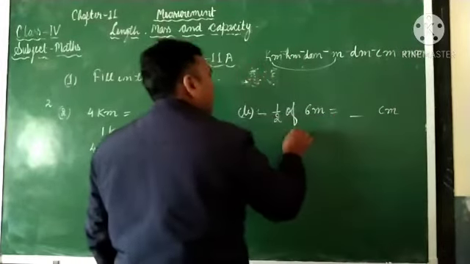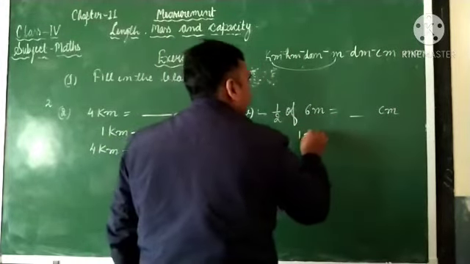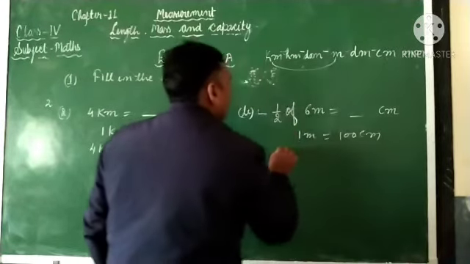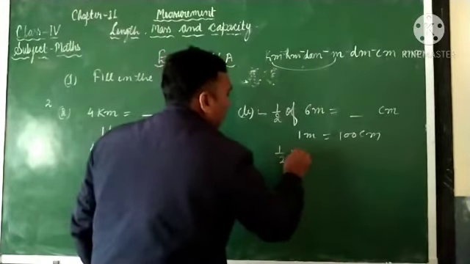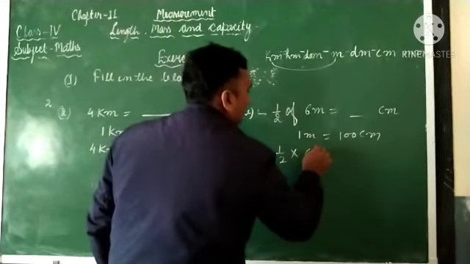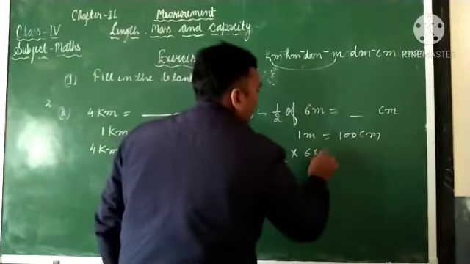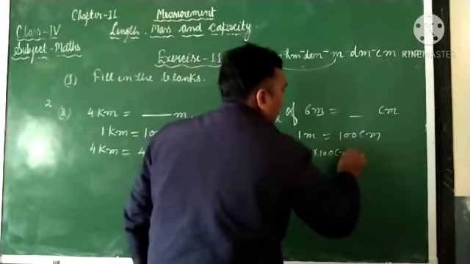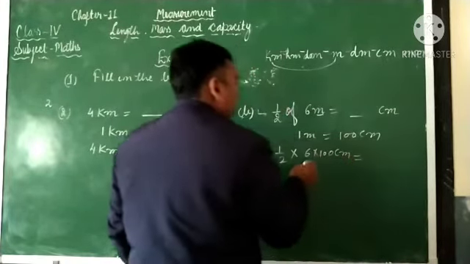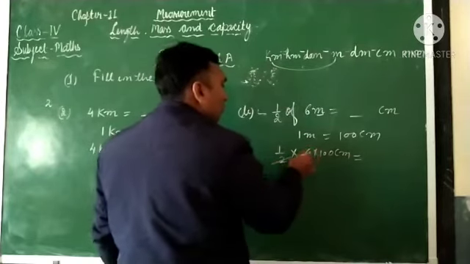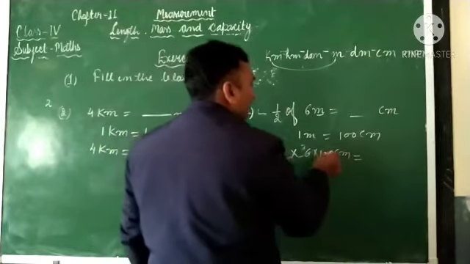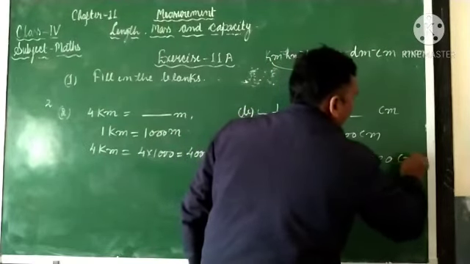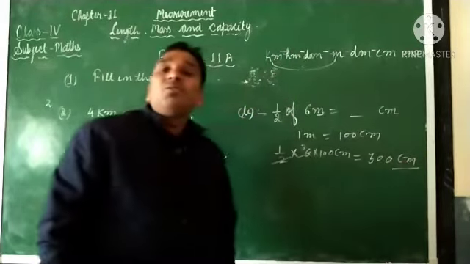So 10 into 10, 100, which means 1 meter equals 100 cm. Therefore 1 by 2 of 6 means multiply 6 into 100. You can cancel: 2 3s are 6 and 3 1s are 3, so the answer is 300 cm. This is easy, no?